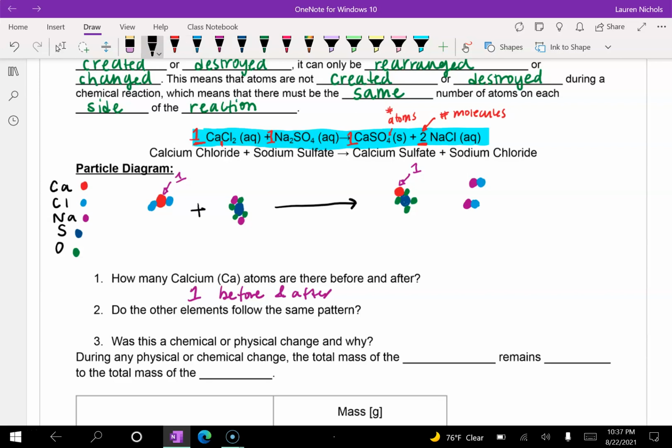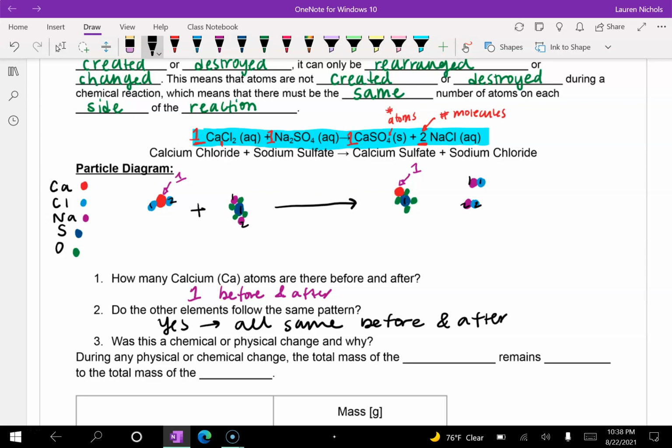If we look at our chlorines, I have 2 light blue circles on the left side and 2 on the right side. My purple ones, I have 2 on the left side and 2 on the right side. I have 1 dark blue and 4 oxygens on both sides. So yes, they're all the same on both sides, before and after the reaction or change. The amount you have must be equal.